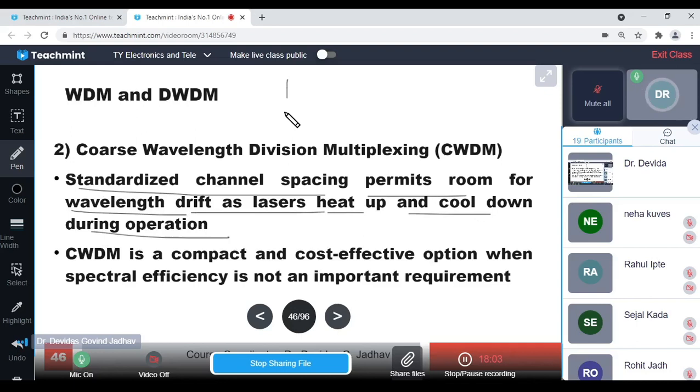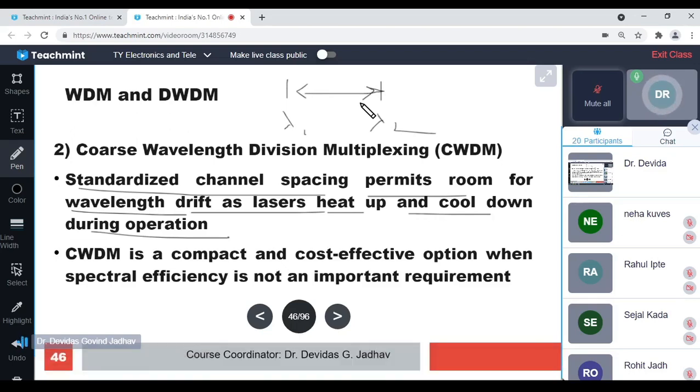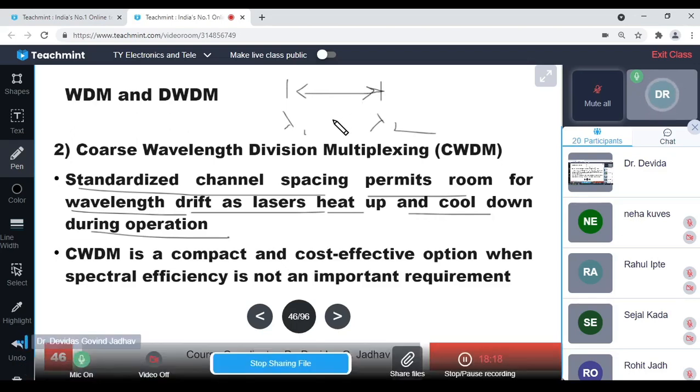So if one wavelength is lambda 1 and another is lambda 2, a sufficiently large gap is there between the wavelengths of the two different sources flowing on the same medium. Even though the source drifts due to continuous working, heat, and ambient conditions, they do not mix, because there is a sufficiently large difference between the wavelengths.